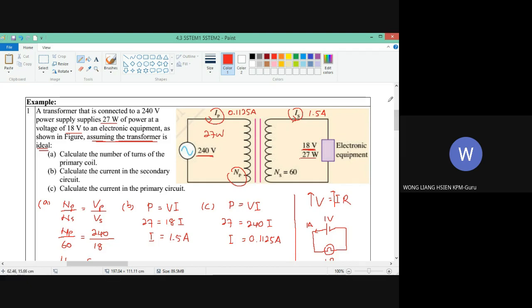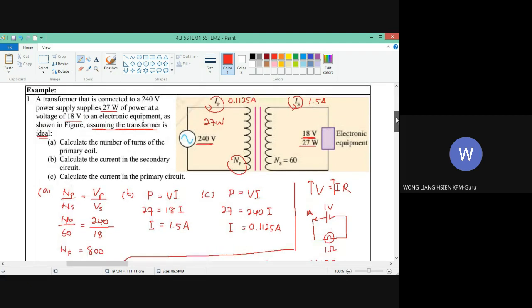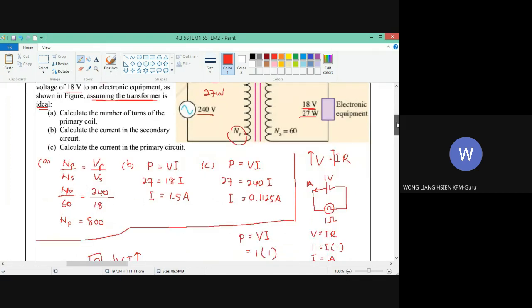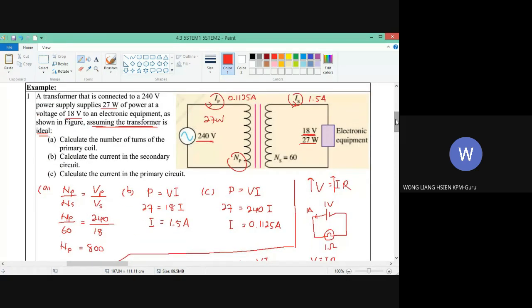I take some time to explain this because usually students have problems when it comes to transformers. Because we learn in Ohm's law that voltage up, current up, but suddenly in a transformer, voltage up, current down. So it makes a lot of students confused. And when a lot of students are confused, they also doubt.